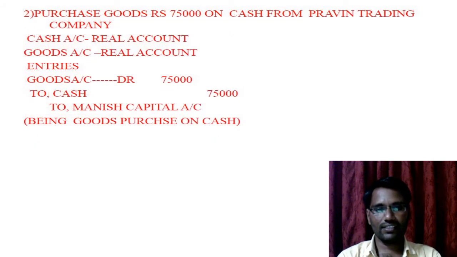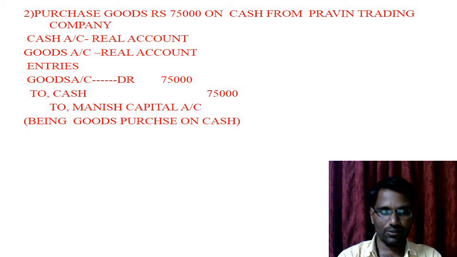The second transaction is purchase goods rupees 75,000 on cash from Praveen Trading Company. Students, see in this transaction it is made on the cash basis, not a credit basis.